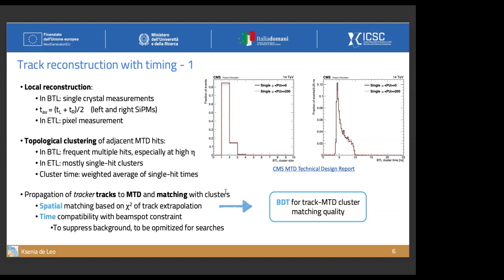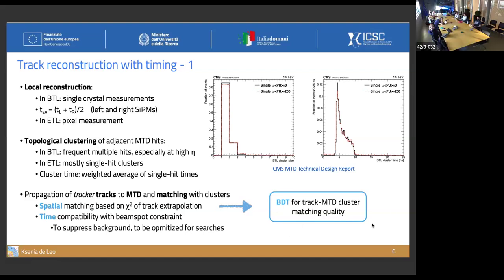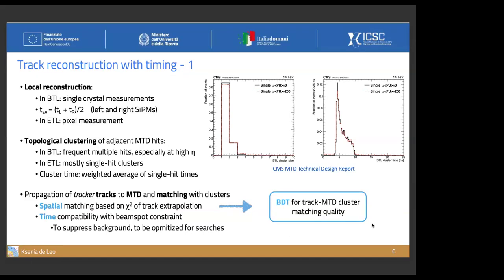The matching of the tracker tracks to the MTD clusters is assessed with a BDT to evaluate the quality, and we can select tracks with high matching quality with the MTD clusters.